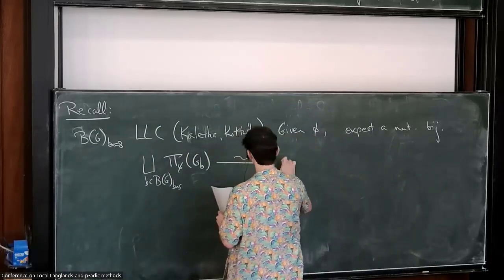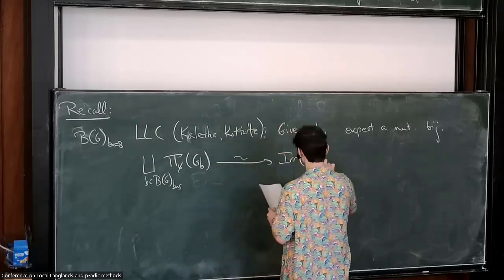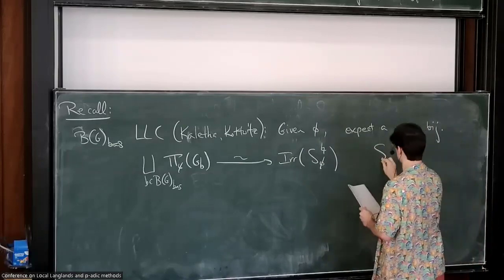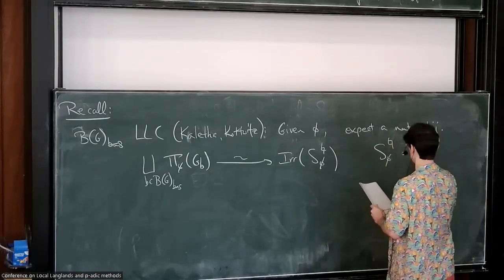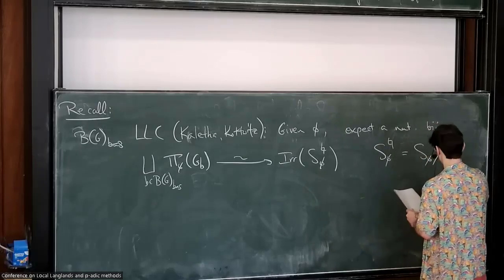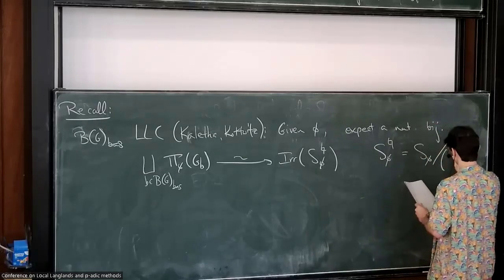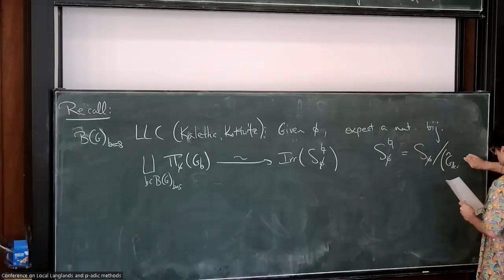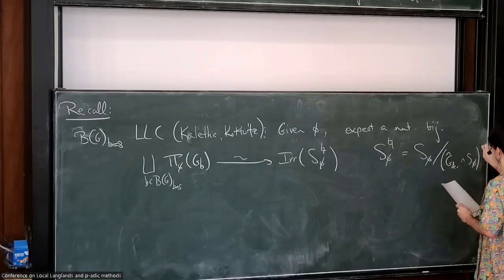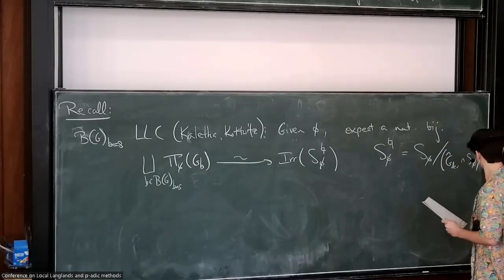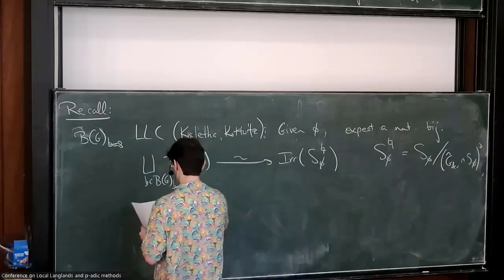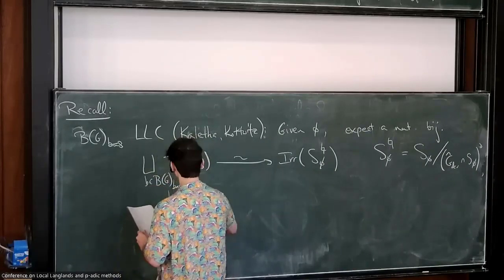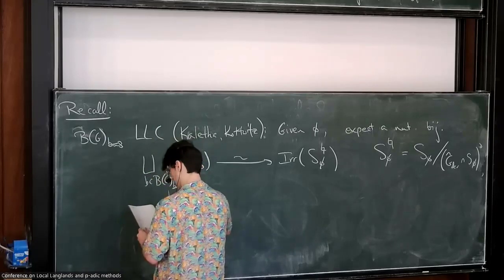And then this should map bijectively towards the irreducible representations, not of this group S_φ, but of what people call S_φ natural. So here S_φ natural is the quotient of S_φ by the neutral component of the derived group of G hat intersected with S_φ. And this bijection should satisfy some compatibility, where on the left-hand side, you're of course free to forget the element of the packet and just remember b.